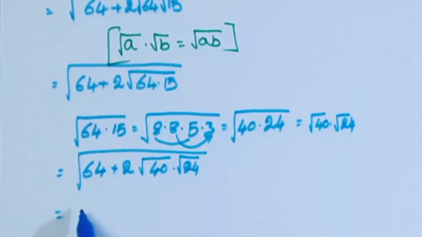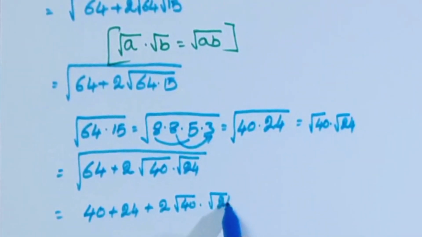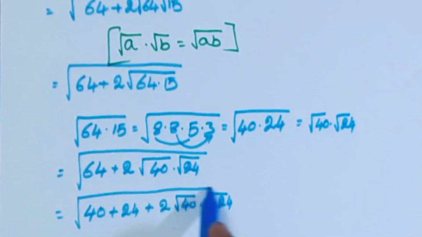Now this 64 can be written as 40 plus 24 plus 2 square root of 40 times square root of 24, in whole square root.